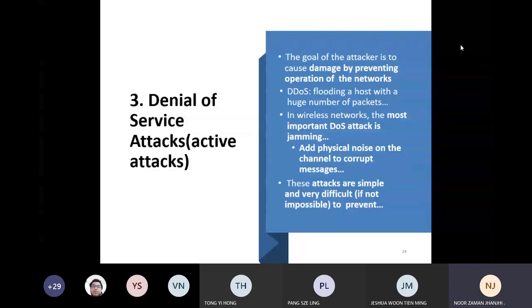For example, your server has a capacity to entertain 300 requests at a time. They will flood the traffic with more than 300. So the server will feel that it is receiving maximum capacity requests, and when the actual or genuine requests go to the server, the message will come that the server is busy. You are not able to access.